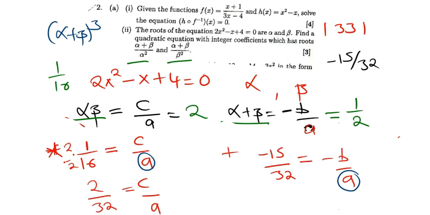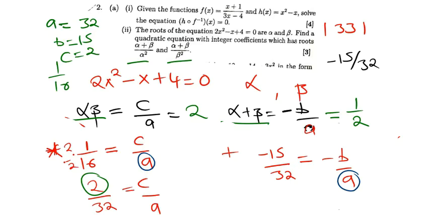And so clearly a becomes 32, and then our b, since negative b is equal to negative 15, they will cancel out, b becomes positive 15, and then our c is basically equal to 2.